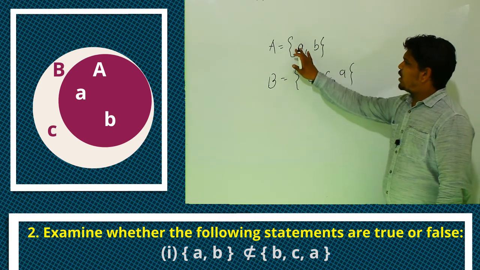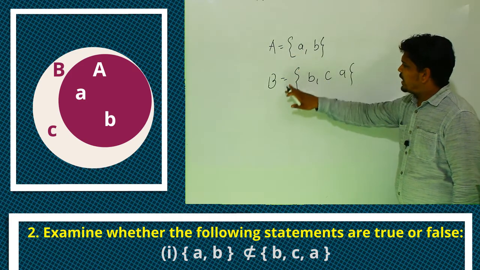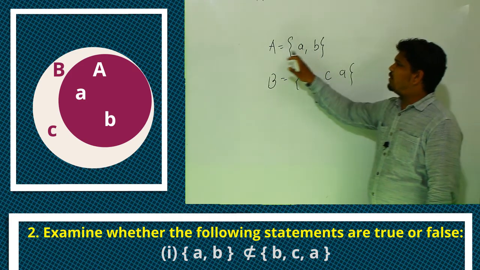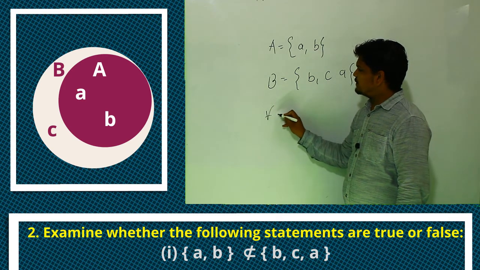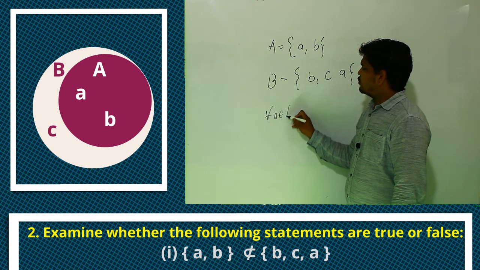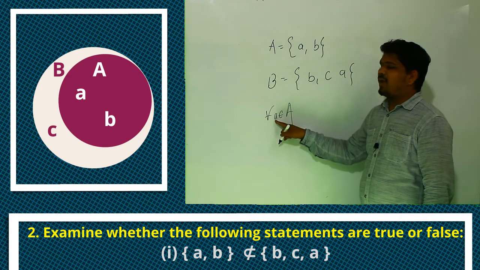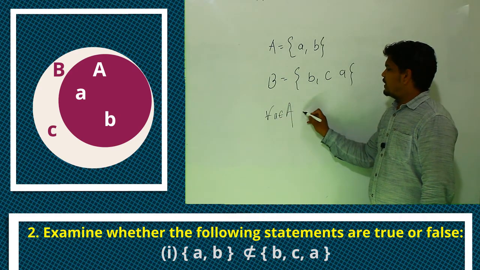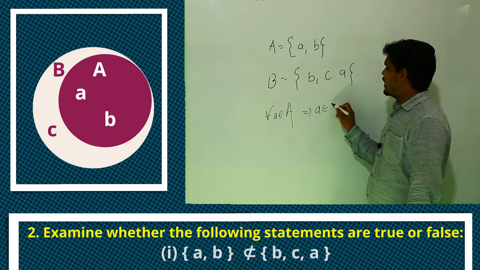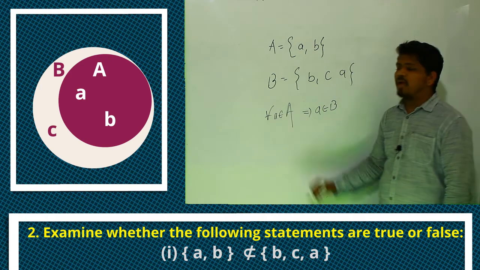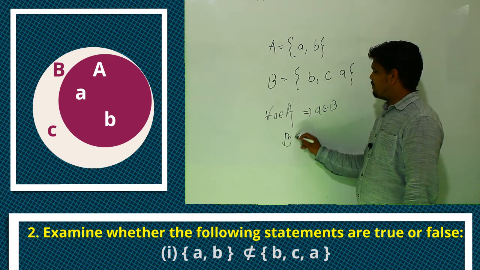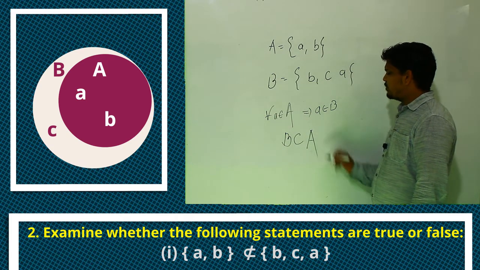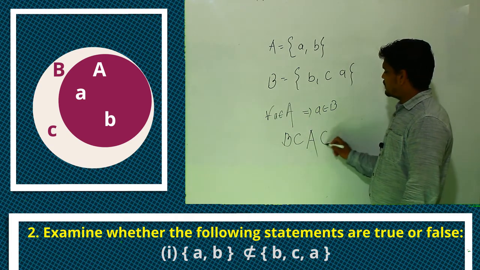Clearly a belongs to A and is in B also, and b belongs to A and small b is in B. Means for all elements, suppose I am taking in general any element of A, this implies that it belongs to B. By the definition of subset, you can say A is a subset of B.